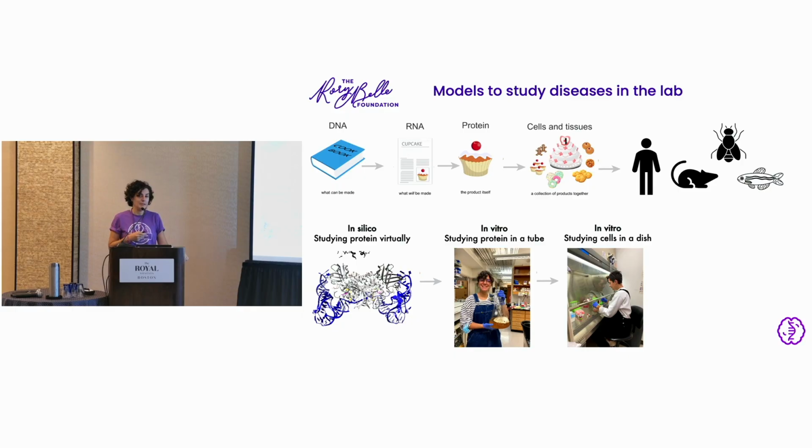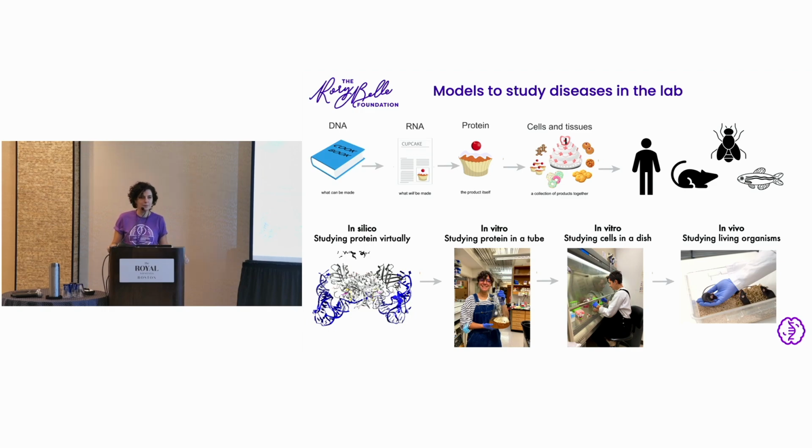And then this is me studying cells, but cells are significantly harder because, as you can see here, I'm working in a hood, so I need to be in a sterile environment. It gets harder and harder as the organism you're working with is alive, right? And then the mouse is the most intensive work because you're actually working with a living organism.